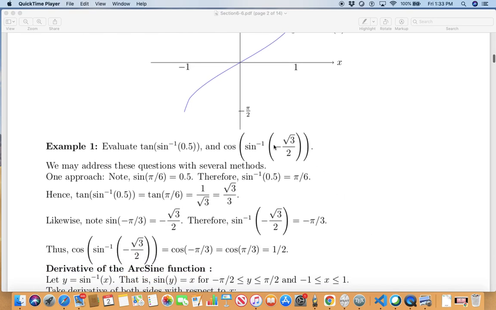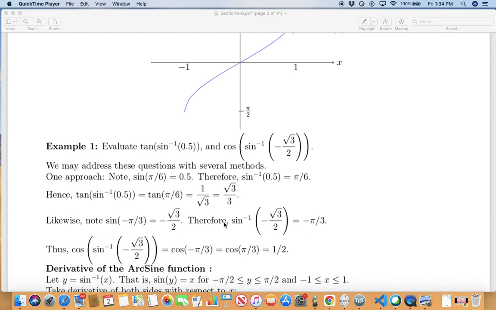Likewise, you want to find out which value gives me -√3 over 2. Sine of negative pi over 3 is -√3 over 2. In other words, sine inverse of negative square root 3 over 2 is negative pi over 3.